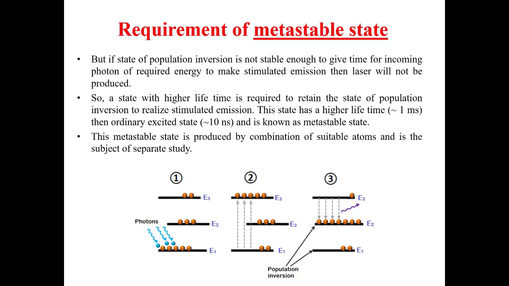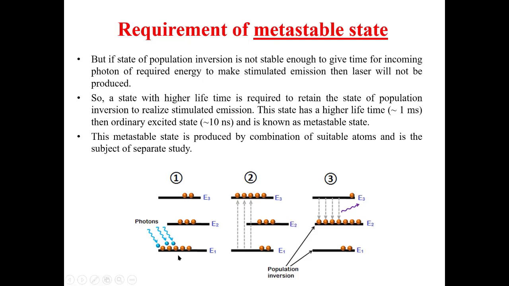So a state with a higher lifetime is required to retain the population inversion to realize stimulated emission. This state has a higher lifetime of about 1 millisecond, and this state is known as the metastable state.